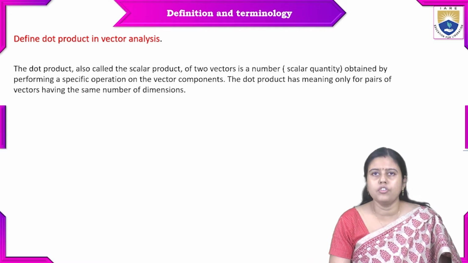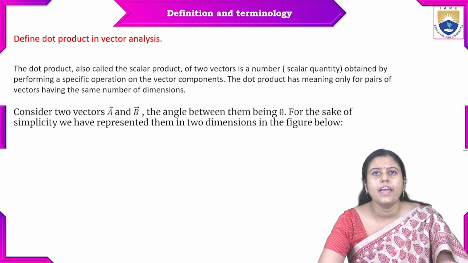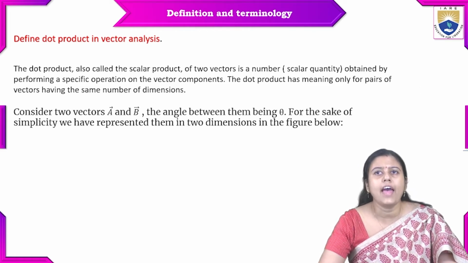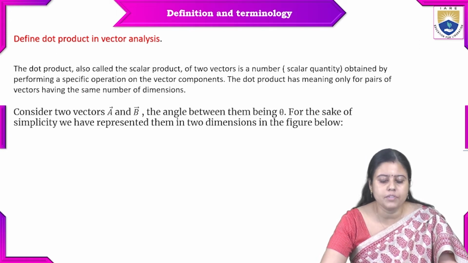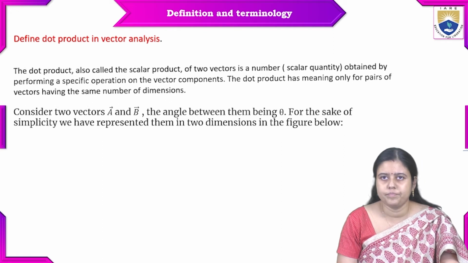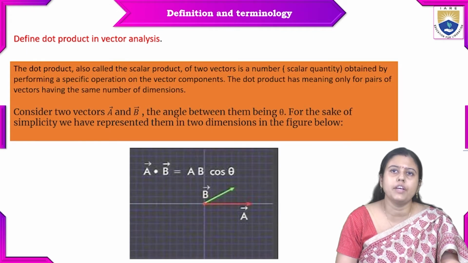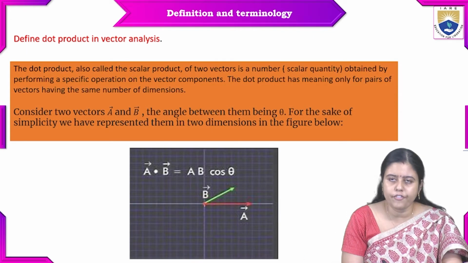So we can consider two vectors A and B, and the angle between them is theta. For the sake of simplicity, we are taking here two-dimensional.